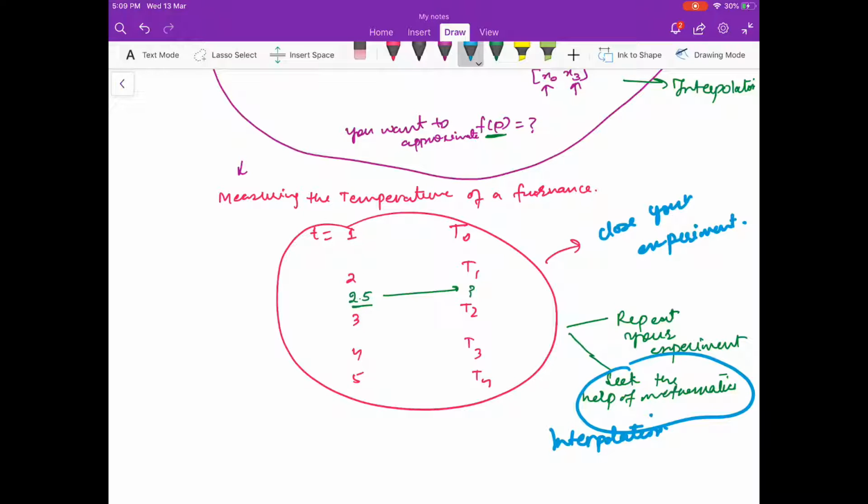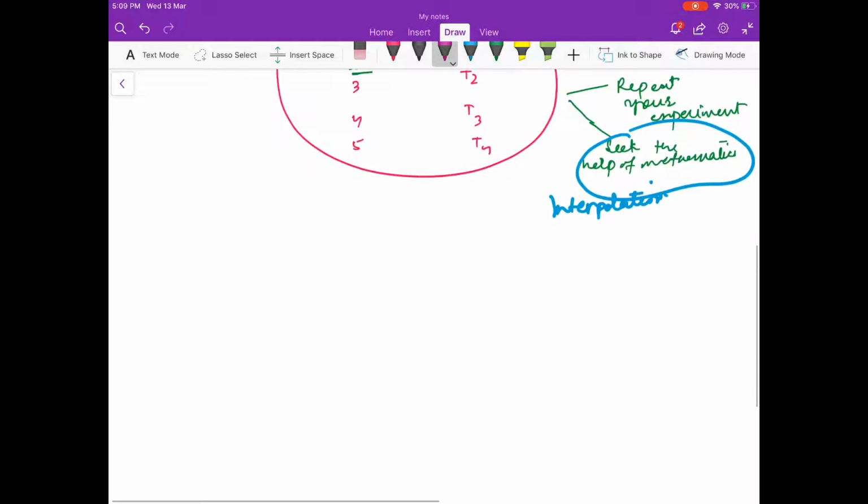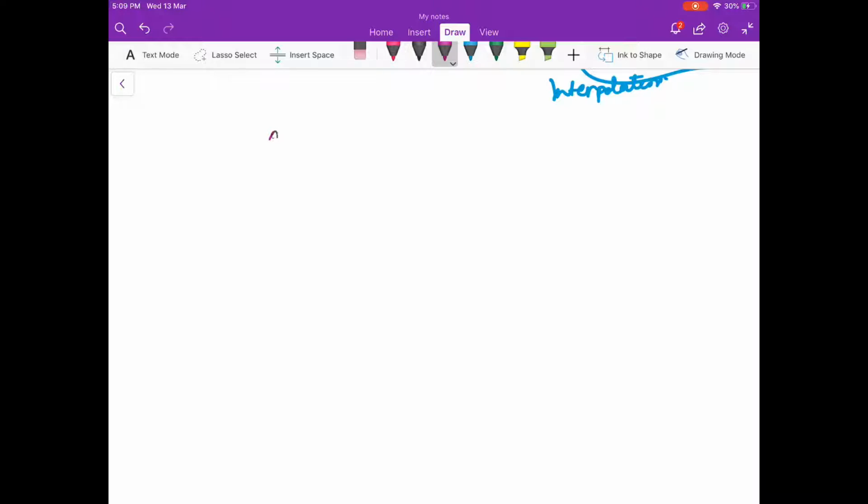So now let us see how we can do interpolation. Again I'll draw a picture. You have this situation x0, x1, x2, x3, and you have some values at these points, and everywhere in between I want to know the value.